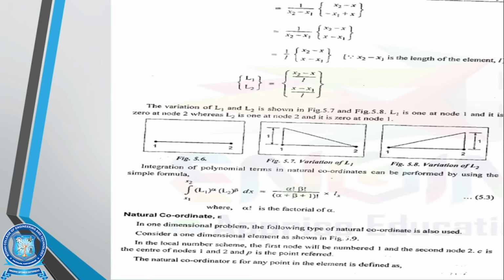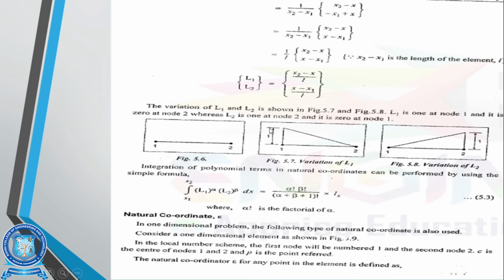Now we are going to see the variation of L1 and L2 in the figures below. Here there is a line which has two nodes, and the variation of L1. It will increase from node 1 of the element and connect to the other node, node 2.